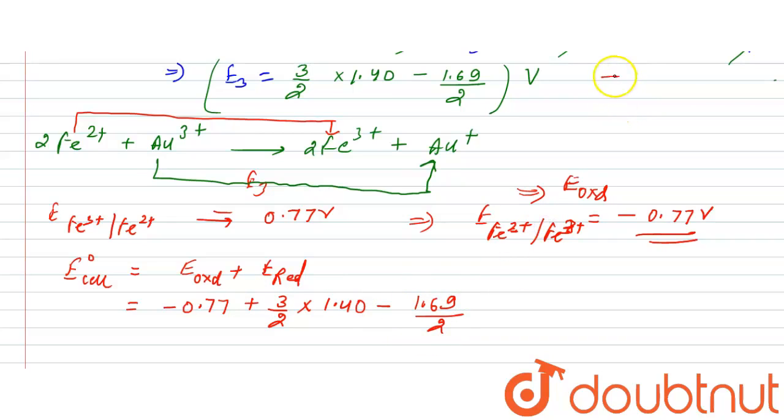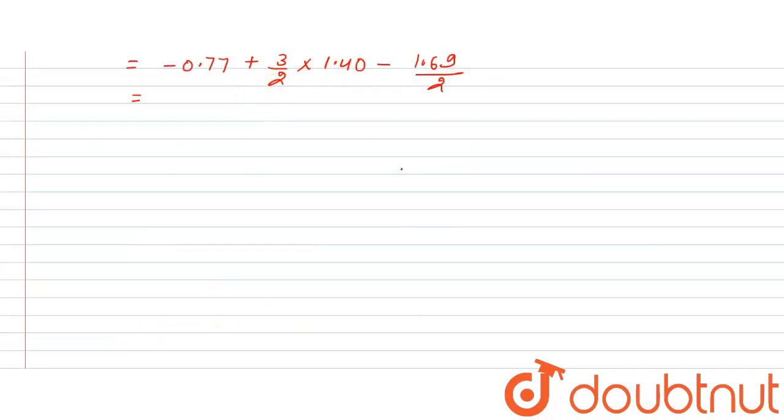This is the value of E of reduction of Au3 plus to Au plus. So from there you will get the value of E naught of cell as 0.49 volt, right?